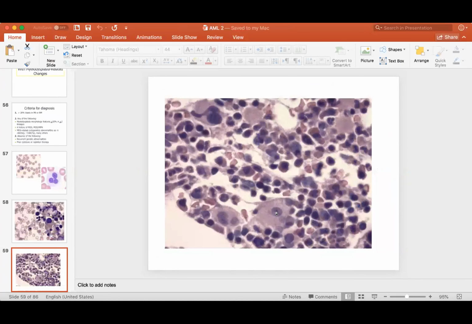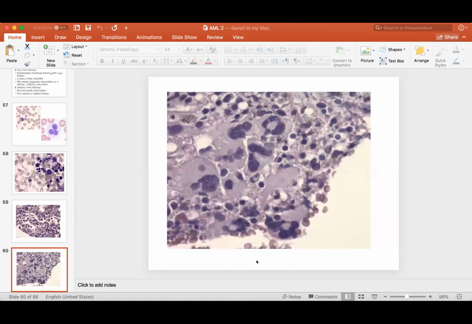And the best way to see the dysplasia in the megakaryocytic lineage is the bone marrow biopsy. You can see a hypolobated megakaryocyte. The nucleus is supposed to be multilobated, but it's hypolobated. Or you might see clusters of megakaryocytes. That's another sign of dysplasia as well.